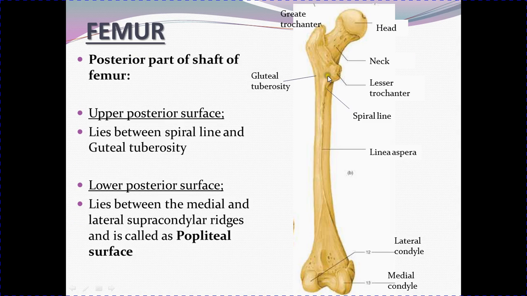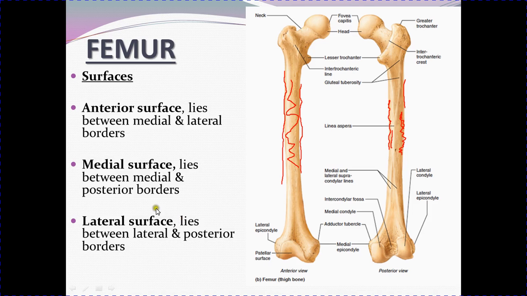The posterior surface of the shaft of the femur has an upper posterior surface and a lower posterior surface. First of all, we said that the femur has three surfaces: anterior surface, medial surface, and a lateral surface.